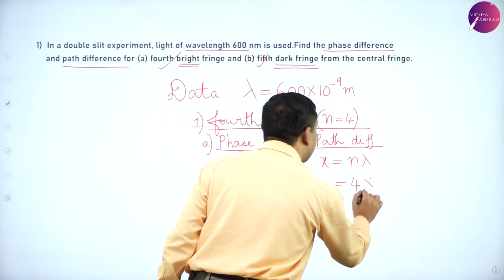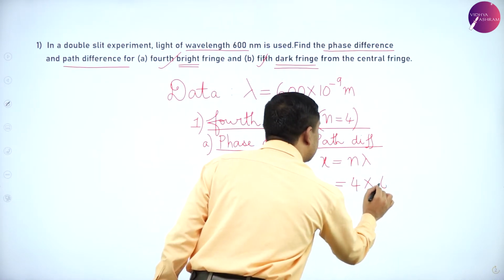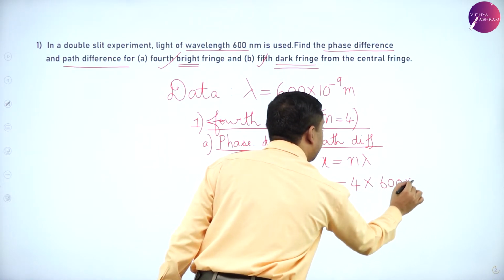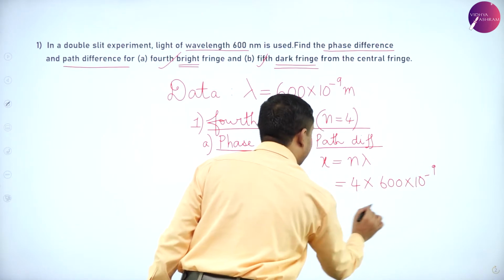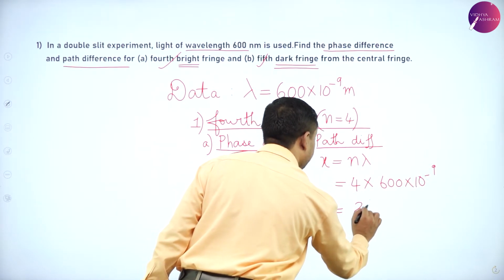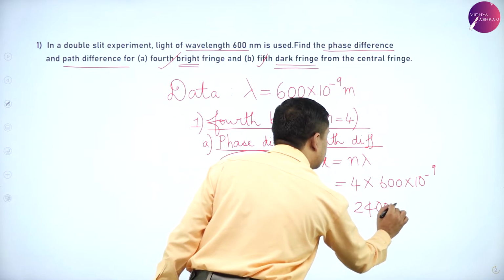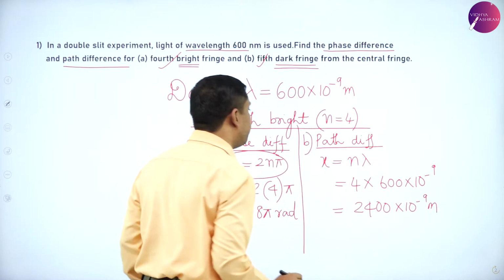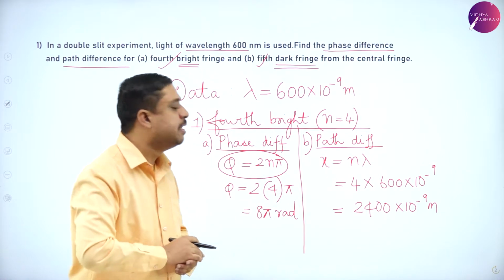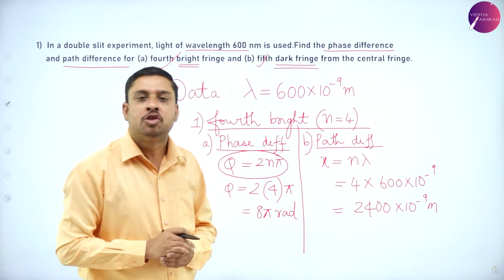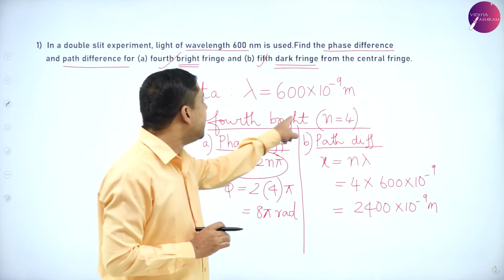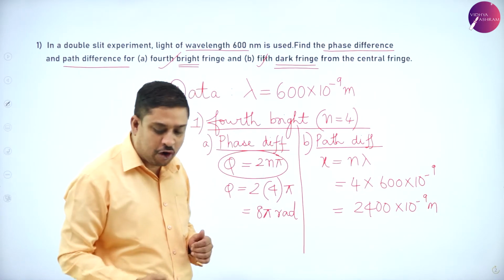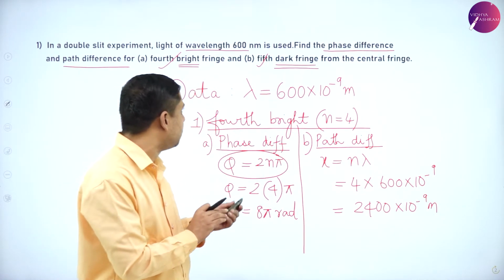So, 4 into 600 into 10 power minus 9, which is 2400 into 10 power minus 9 meter. So we have solved the problem in case of fourth bright fringe.